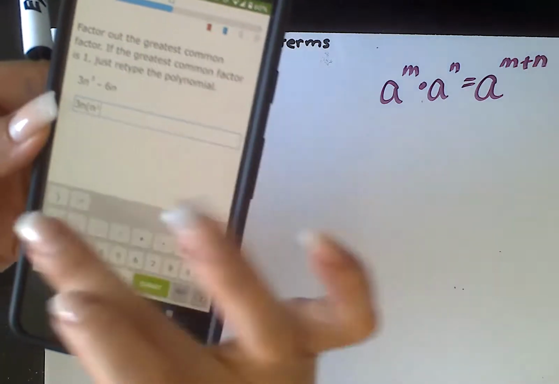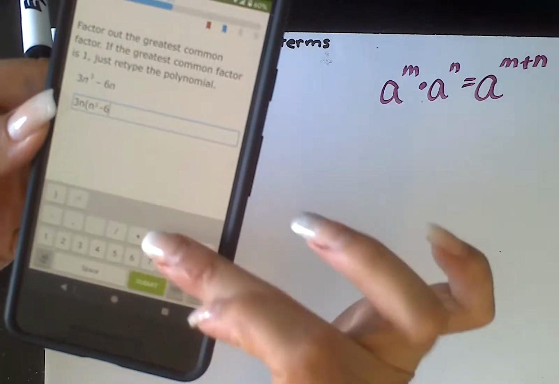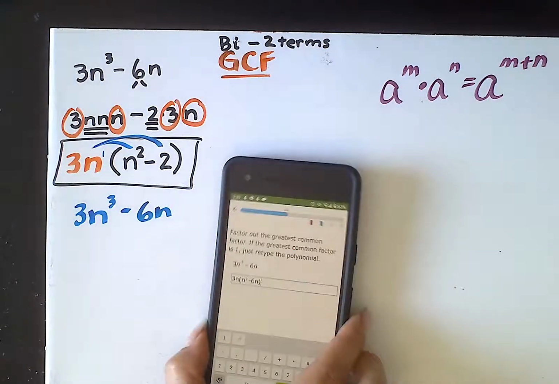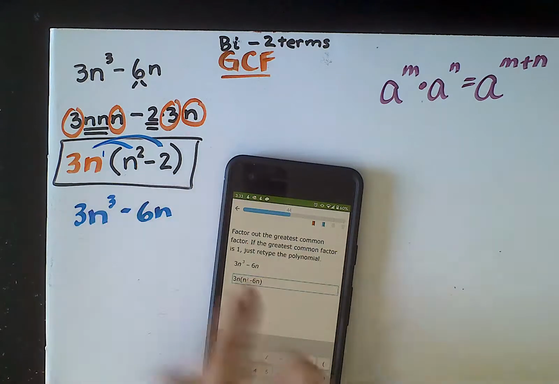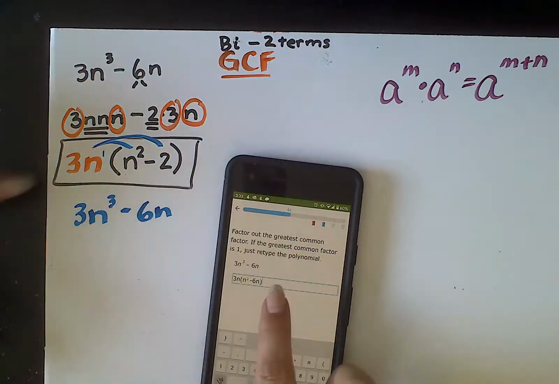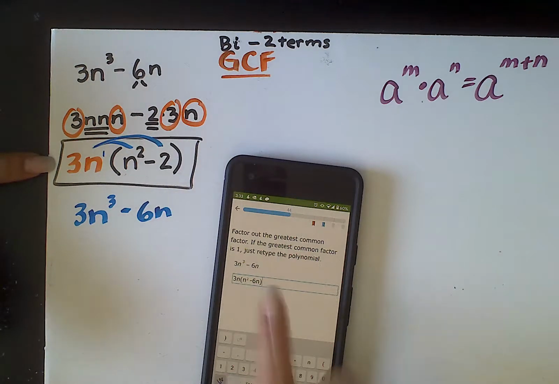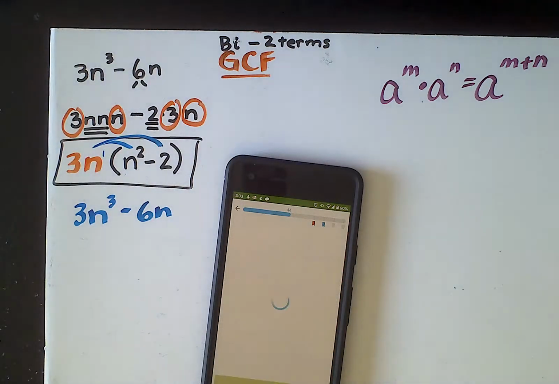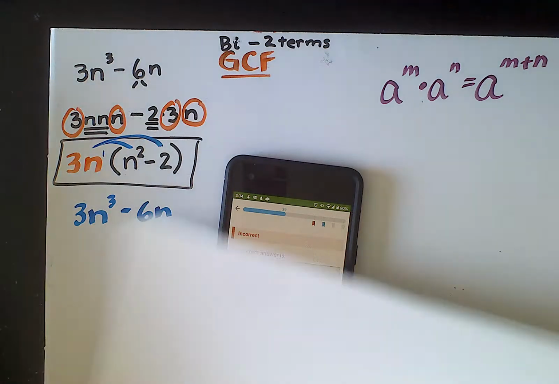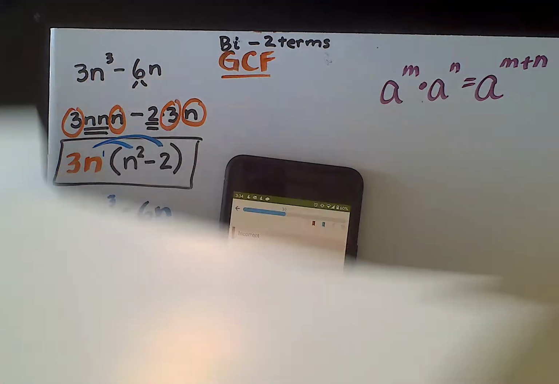Make sure that you're very careful whenever you're typing in your answers, because that will be the biggest reason that you get a problem wrong, is that you typed it incorrectly. So I like having my scratch work here so I can see that my answers are the same and then push submit.